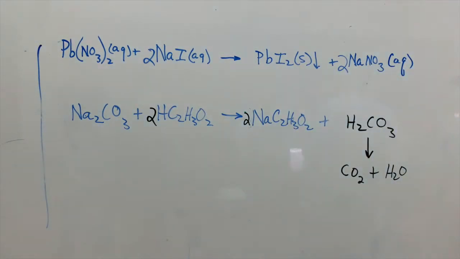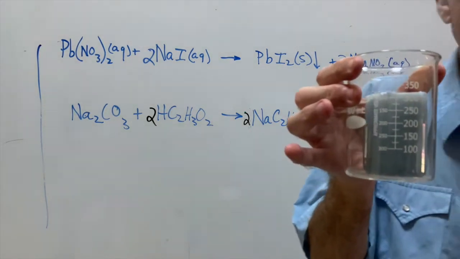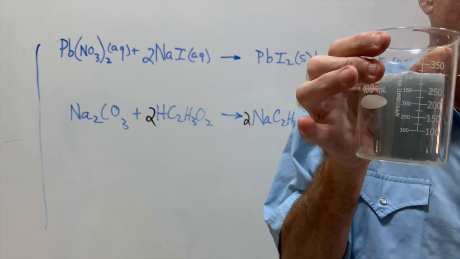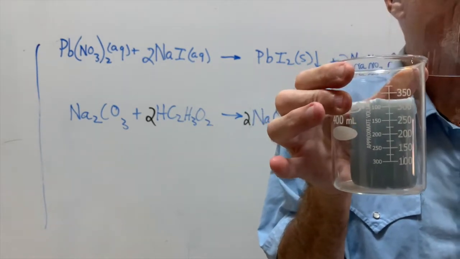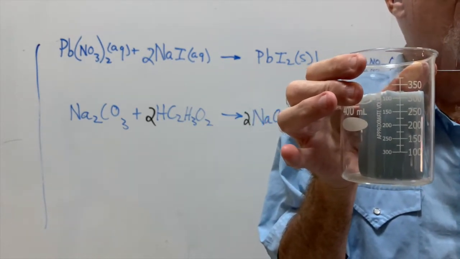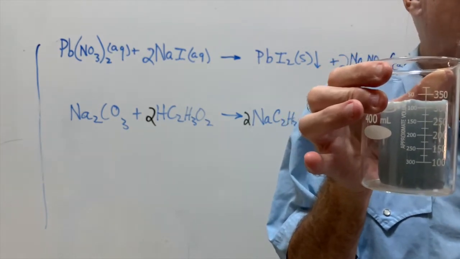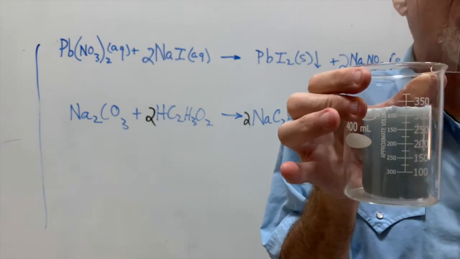And then this was a candle that was extinguished with carbon dioxide. Now, one of the early types of fire extinguisher was using carbon dioxide.